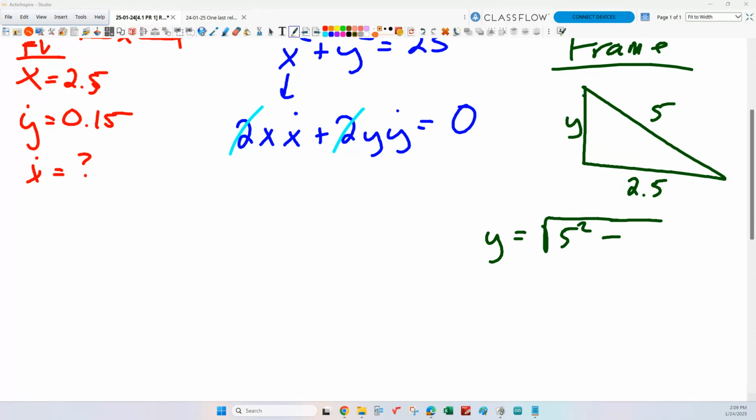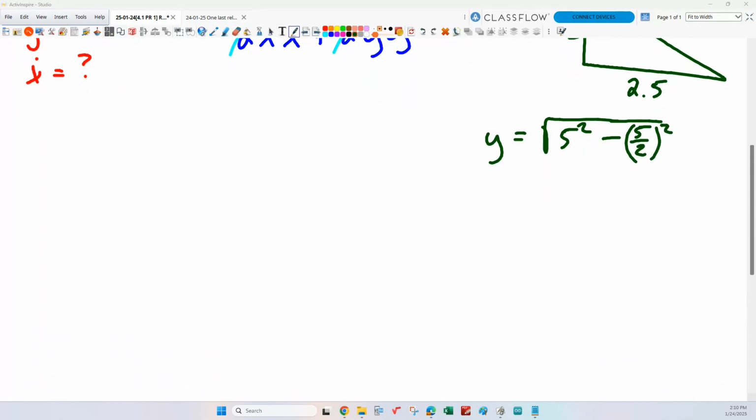So that's 5 halves squared. So what's that going to give us? Square root of, that's 25 fourths. 25 is how many fourths? 100 fourths. Right? Okay, so what's 100 fourths minus 25 fourths?